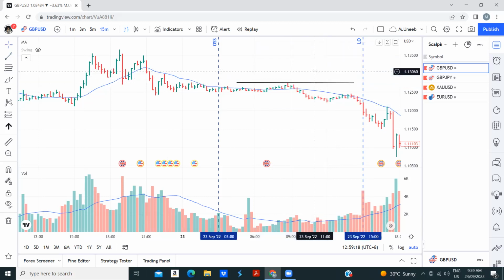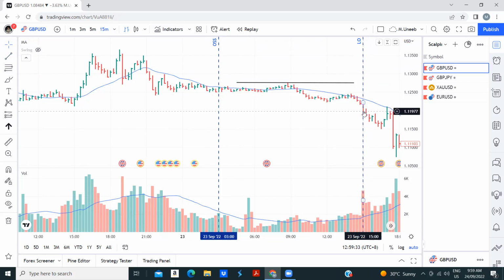And one more thing, whatever you need to check, for example, the swing point here. What swing point you check? The tip is, for example, the London open at 13.